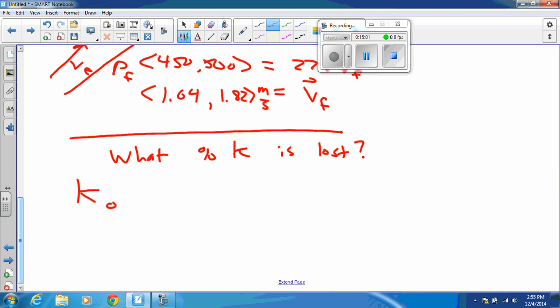So we're going to go back to our system. And we're going to compute the kinetic energy of the system before the collision and the kinetic energy of the system after the collision. We're going to see whether or not they're equal to one another. Well, kinetic energy is 1/2 mv squared.